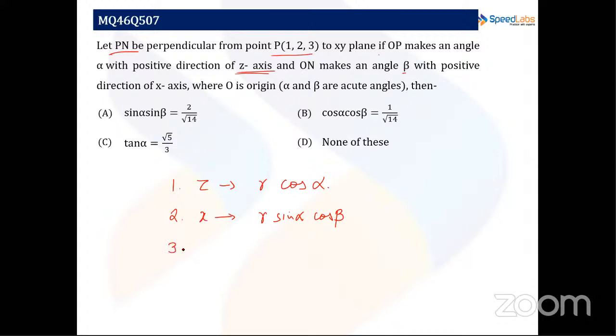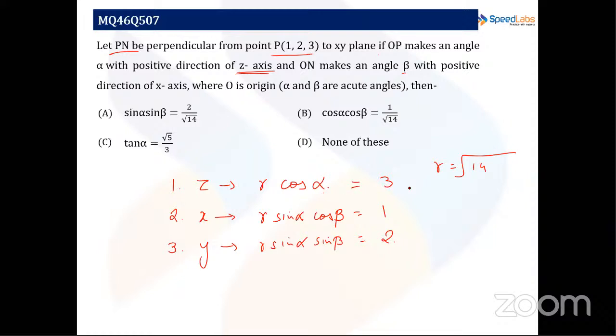And the y coordinate will be r sine alpha sine beta. Now we are given the value of r cos alpha is 3, x coordinate is 1, and this is 2. And the value of r is root 14, similarly from the distance formula.